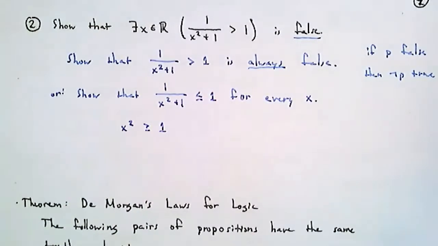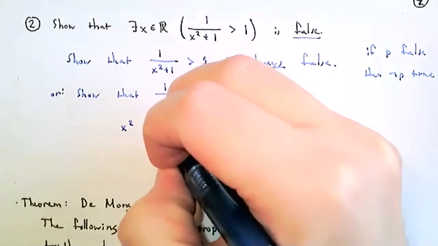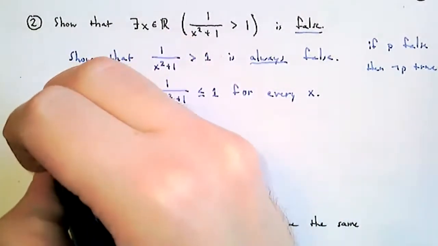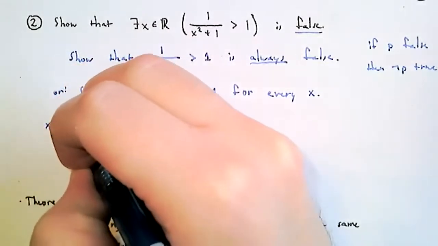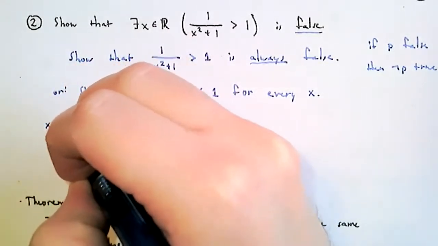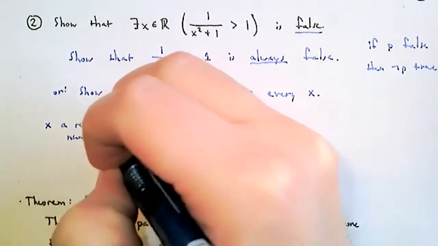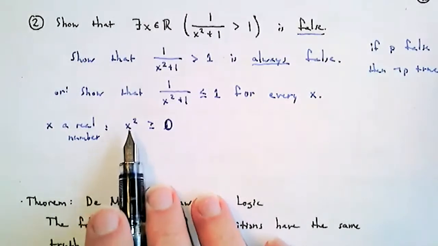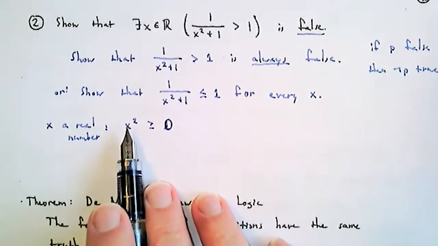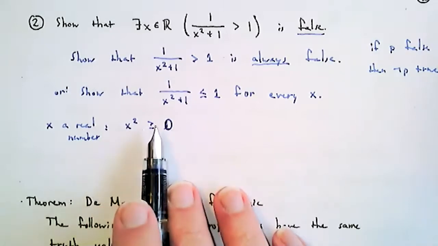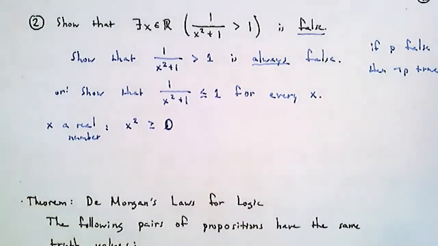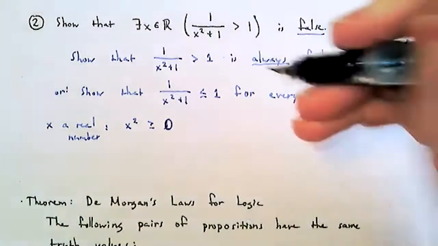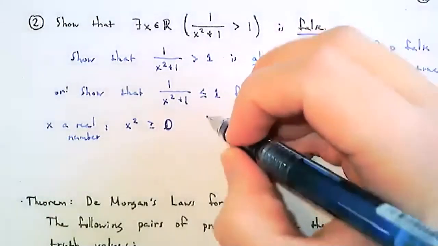We know that x squared is greater than or equal to 0 for any real number. This is something that we talked about last time, right? If you plug in a positive number, you'll get back something positive. If you plug in a negative number, two negatives multiplied together give you a positive. So this always works. And, well, I can do things to an inequality, like I can add 1 to both sides.